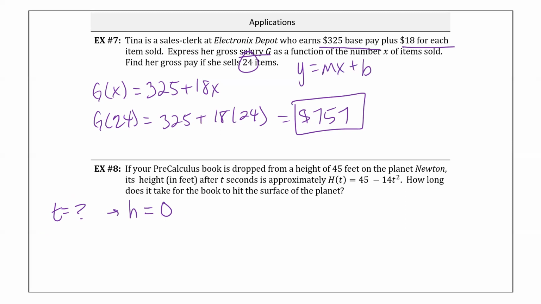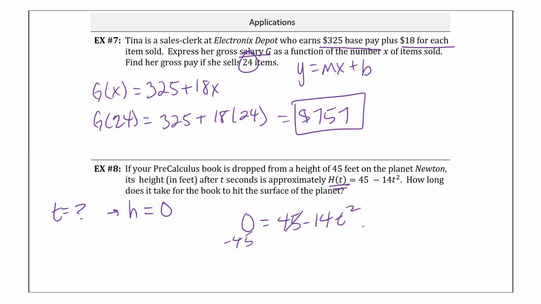So how do I solve this? Algebraically, what am I doing? You're plugging 0 for height and you solve. I'm plugging in the 0 for the height. So we have 0 equals 45 minus 14t squared. Tell me what I'm doing. I'm going to subtract the 45. That eliminates it.